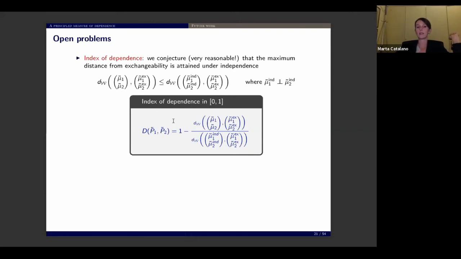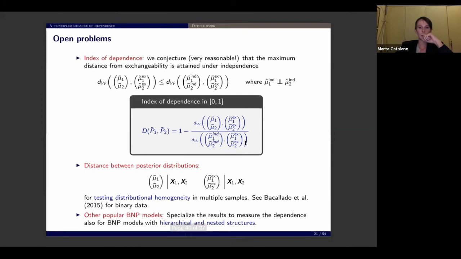Okay, so all this has focused on quantifying the prior dependence structure so far, and we would like to measure the dependence also a posteriori, so after seeing the data.